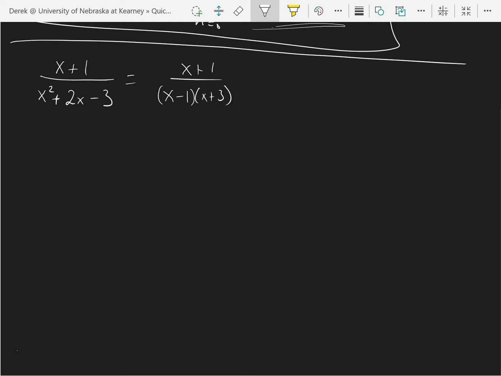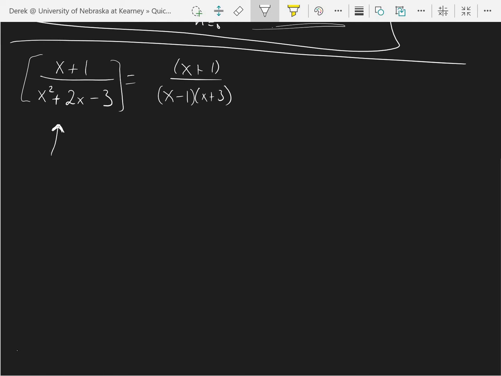Right, and now we could use partial fraction decomposition. Well, let me mention first, if I was going to try and find the Taylor series for this rational function just by taking derivatives, I'd have to use the quotient rule repeatedly and then try and find a pattern from evaluating those quotient rules, and that would be a big mess.